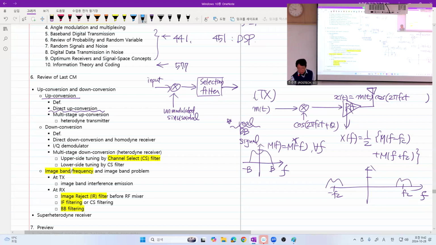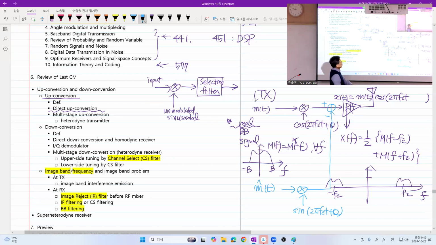Of course, as I told you, in the SSB, you not only have a cosine branch, the in-phase branch, you also have a quadrature phase branch. And what you do may be something like this, right?